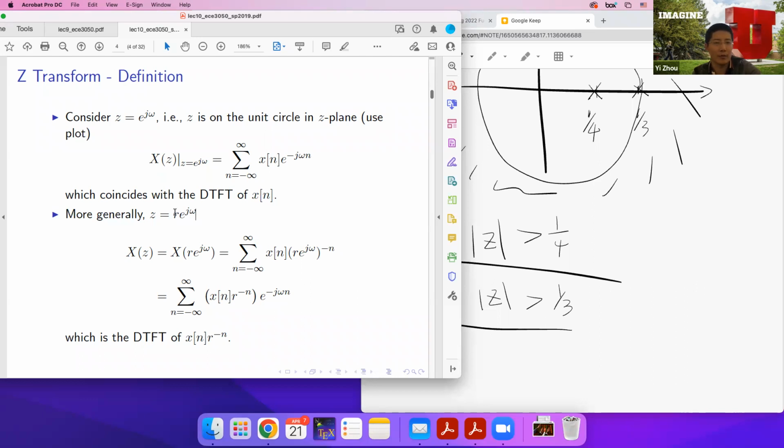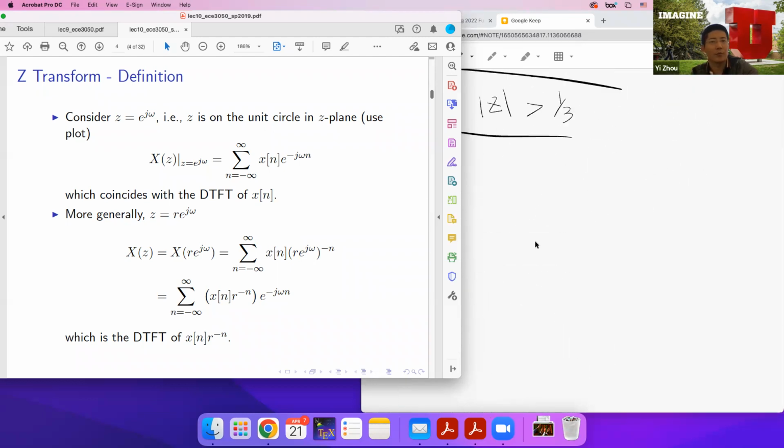We can write it as R times e to the j omega. This is a polar form. And the DTFT is simply when R equals 1. So basically, the DTFT corresponds to the Z transform on the unit circle in the 2D complex plane.